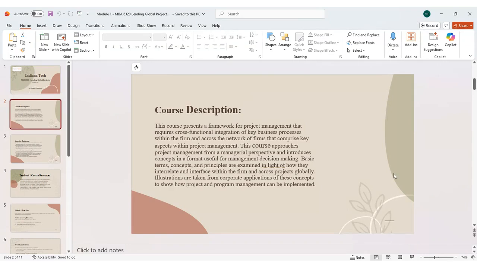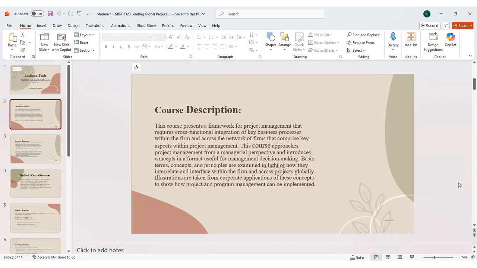So as far as the course, this course presents a framework for project management that requires cross-functional integration of key business processes within the firm across the network of firms that comprise key aspects within project management. So this course approaches project management from a managerial perspective and introduces concepts in a format useful for management decision-making.